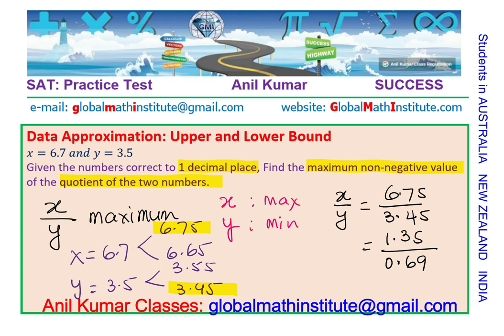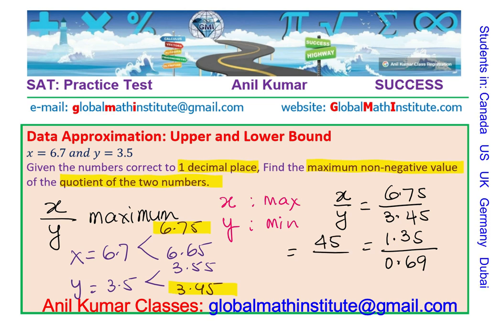Dividing further by 3, we get 45 over 23. So 45 over 23 is our answer. Writing it as a fraction is a valid answer for such cases. I hope it makes sense.